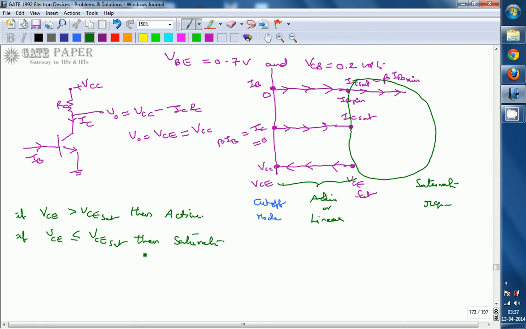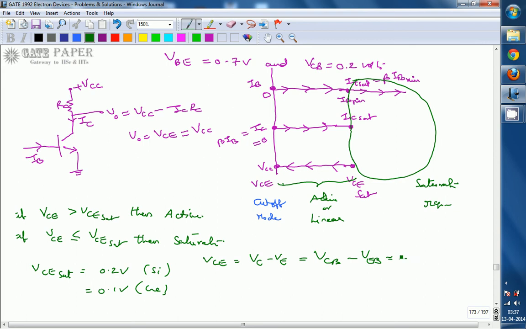Now we will calculate the VCE value, and we should know that VCE saturation is a standard value, which is 0.2 volts for a silicon transistor and 0.1 volt for a germanium transistor. So we will calculate VCE. VCE can be calculated as VC minus VE, and if you take the common terminal as base, VCB minus VEB.